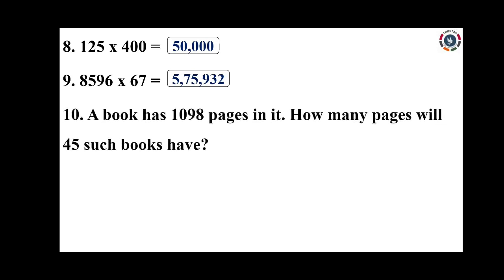The last question, tenth question. A book has 1098 pages in it. How many pages will 45 such books have? One book has 1098 pages. So 45 books have how many pages? We have to find.